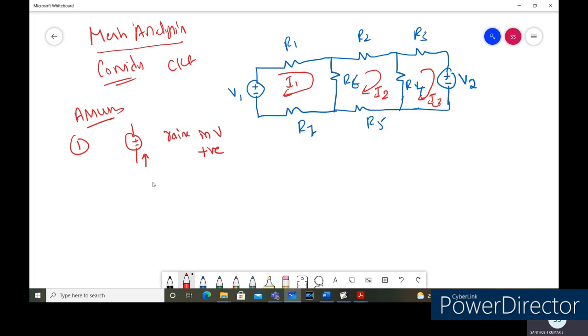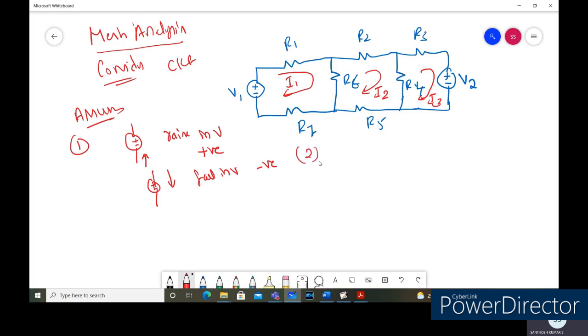If the current is entering the positive and leaving the negative, it is a fall in voltage, and we consider it with a negative sign. This is the first assumption for the voltage source.